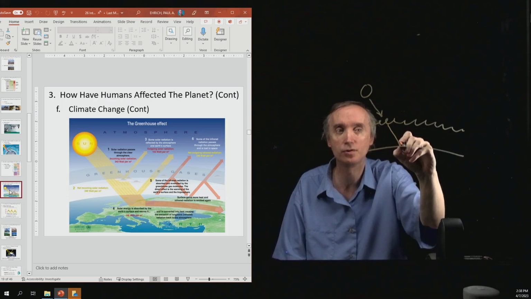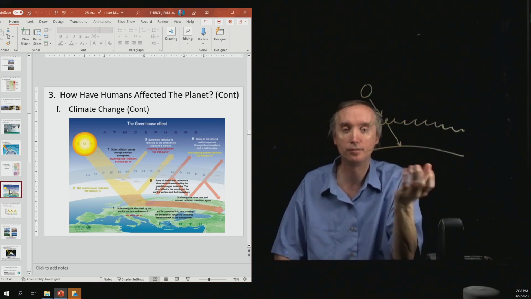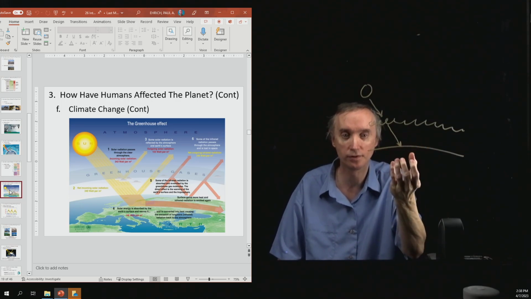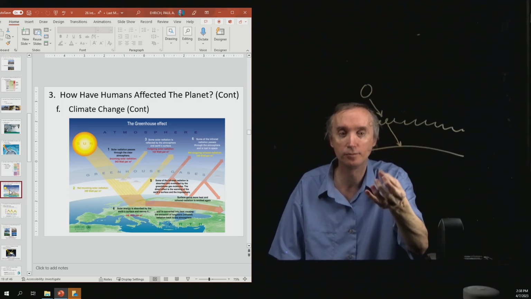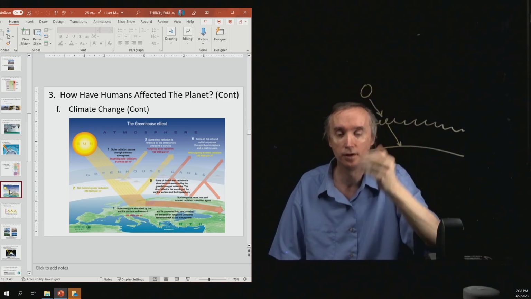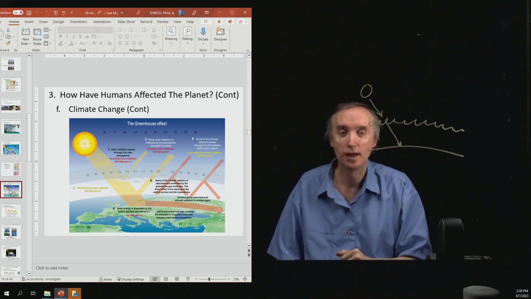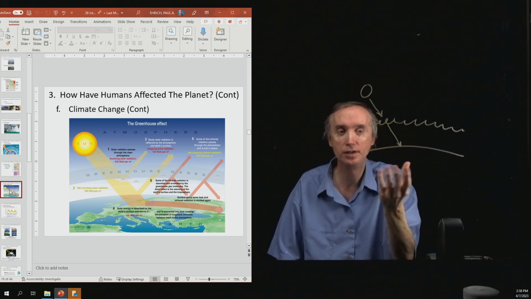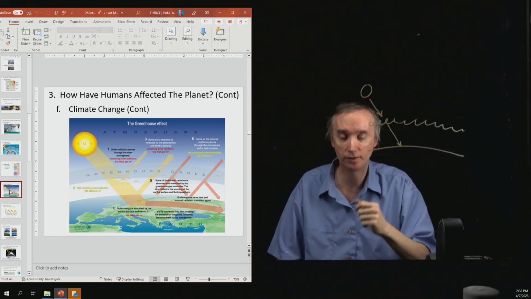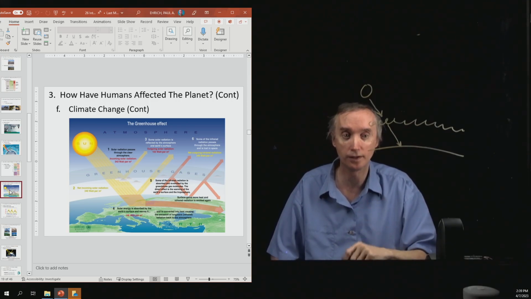And then when it gets to the surface, it's going to hit the ground, and it makes the ground start to vibrate. So the atoms inside the ground begin to vibrate because they get energy from the sun, and as they do, they re-emit energy in the form of infrared light.